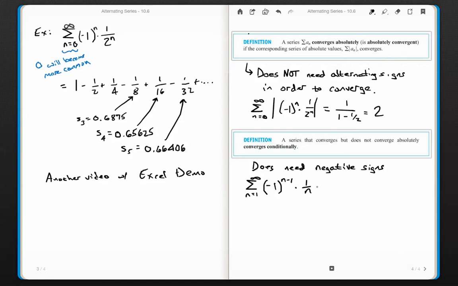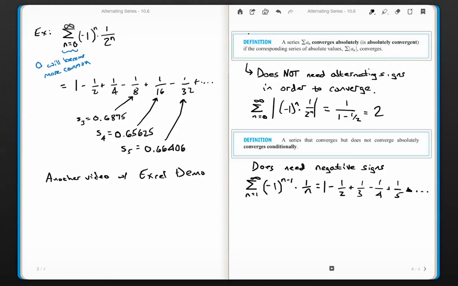This is the harmonic series, right? Except we've added this little element here to make it alternating. So this is 1 minus 1/2 plus 1/3 minus 1/4 plus 1/5 minus dot dot dot.